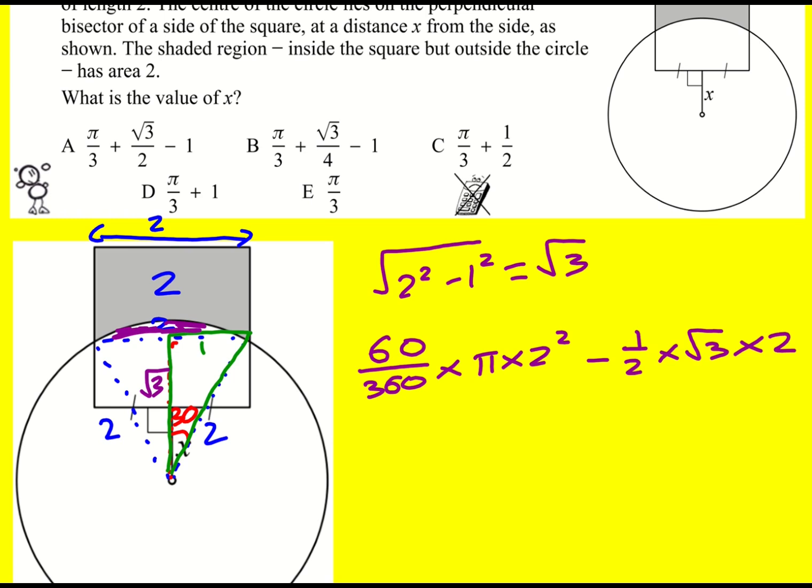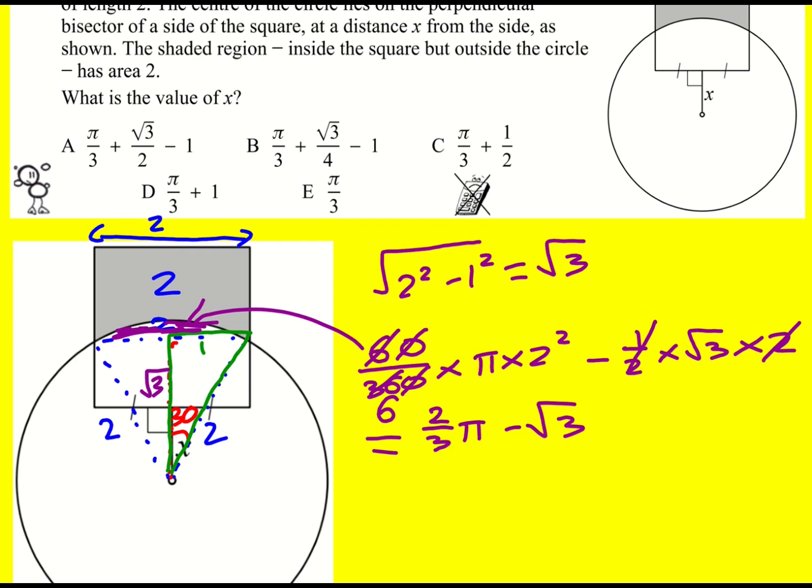I could use half ab sine C as an alternative, but it'll give me the same answer. It doesn't matter. The half and the 2 are going to cancel. The 0 here is going to cancel with this. And the 6 and the 36 are going to cancel to leave me 6. And then I've got 4 over 6, so it's going to be 2/3 pi minus root 3. Okay, so that is that shaded area.